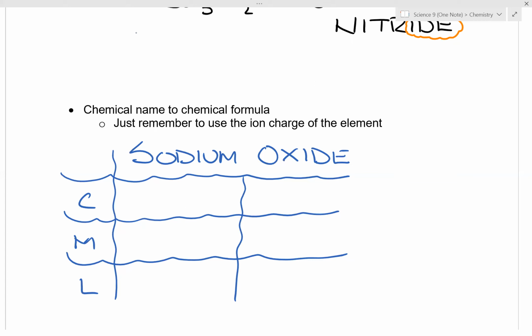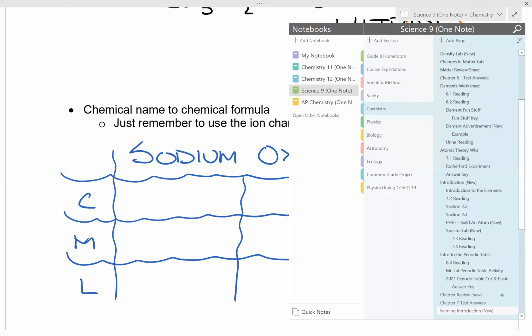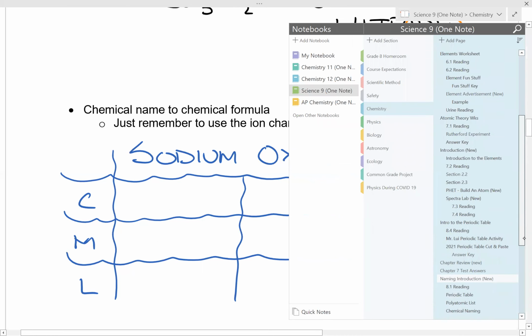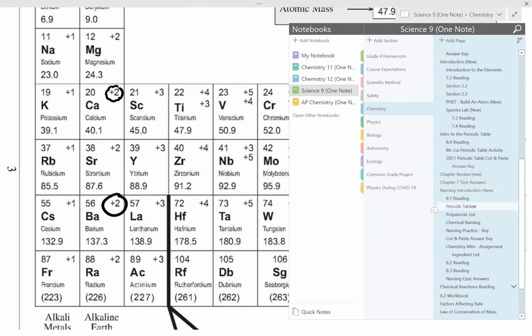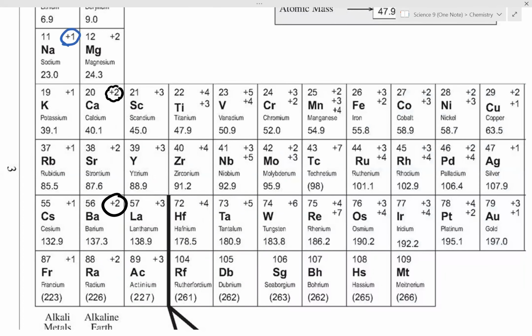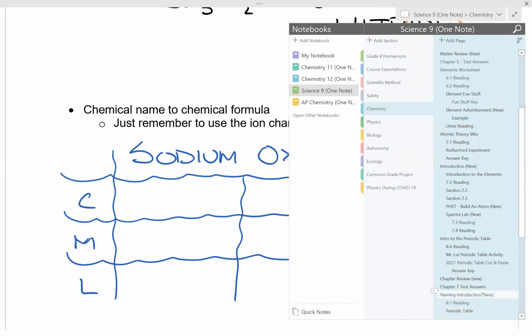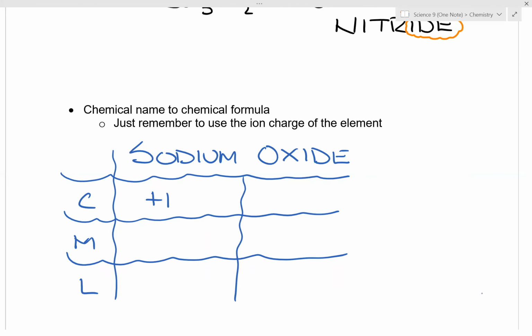For sodium, you look at your periodic table, and you will notice that sodium has a charge of +1. So in this particular case, sodium has a charge of +1.